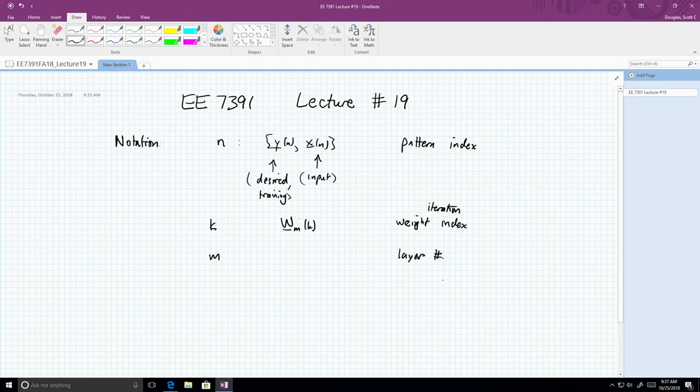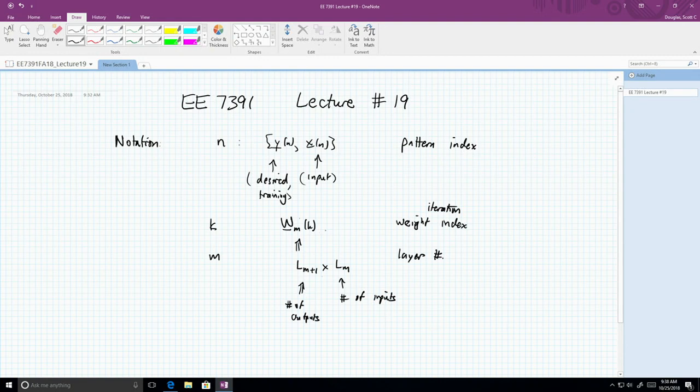Those are the things. And then of course we also have the size of this, which is L_m+1 by L_m. This is the number of inputs, and this is the number of outputs for that particular layer, right?